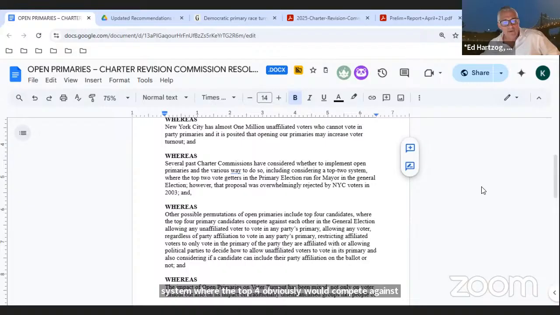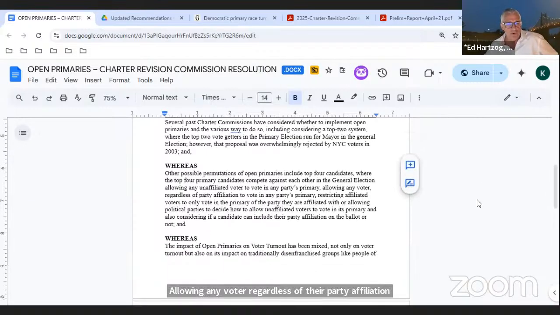Systems that allow any unaffiliated voter to vote in any party's primary, allowing any voter, regardless of their party affiliation, to vote in a party's primary, restricting affiliated voters to only vote in the primary of the party they are affiliated with, which we have now, or allowing political parties to decide how to allow unaffiliated voters to vote in its primary.